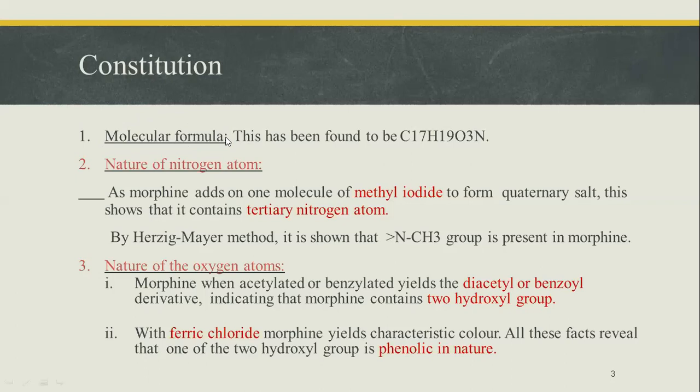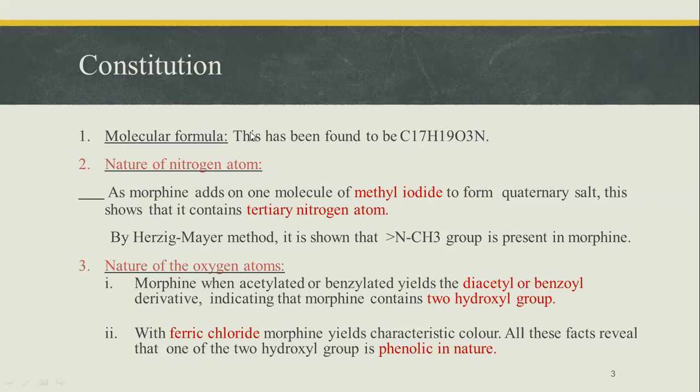From the percentage composition, we will get the empirical formula, and from the empirical formula, we will get the molecular formula. So, the molecular formula of morphine was found to be C17H19O3N. 17 carbons means it will have 3 or 4 or more rings, and there are 3 oxygens and 1 nitrogen. So that is about the molecular formula.